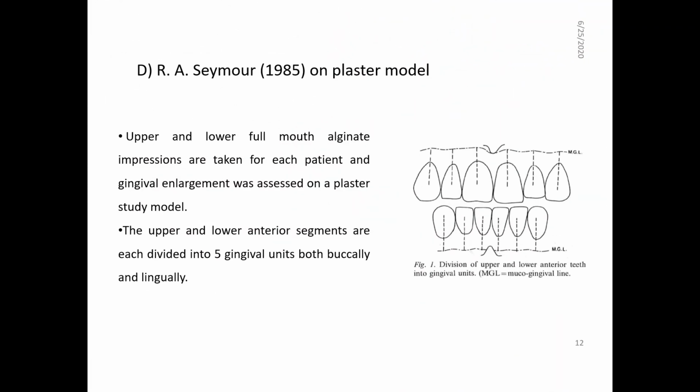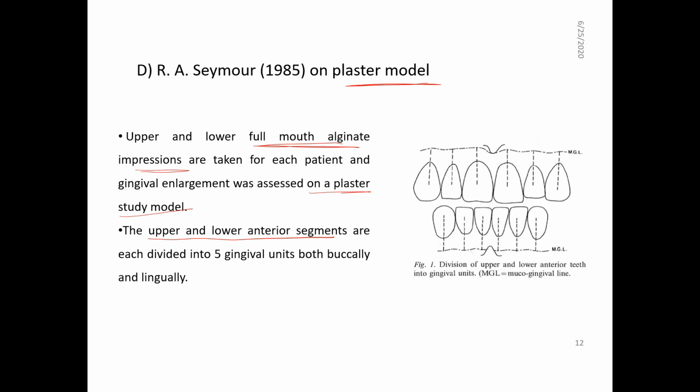Next, this is a very different type of scoring that is given by R.A. Seymour in 1985 on a plaster model. So here upper and lower full mouth alginate impression is taken of the patient and gingival enlargement is assessed on a plaster study model. The upper and lower anterior segments are basically taken here, and these are divided into 5 gingival units, both buccally and lingually, as shown in the figure.